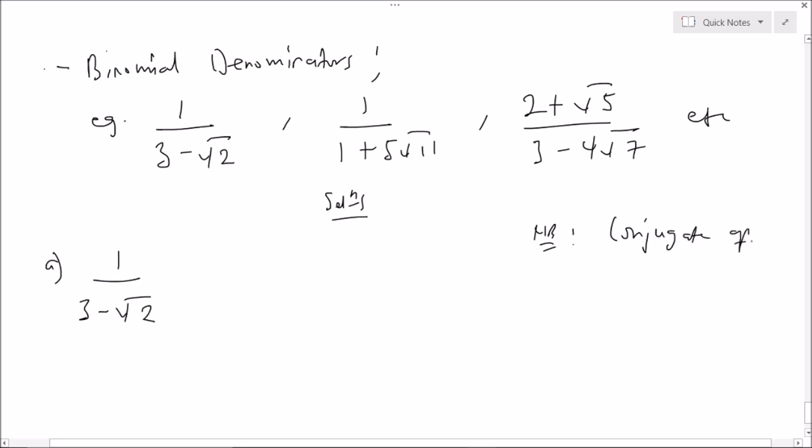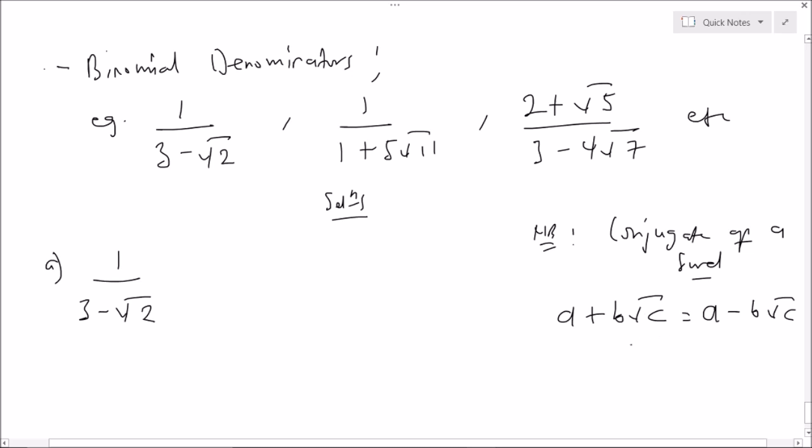Conjugate of a surd. Now, we say the conjugate of a surd, given A plus B root C, you say that the conjugate of A plus B root C is simply A minus B root C. That we just change the operation sign from addition to subtraction.